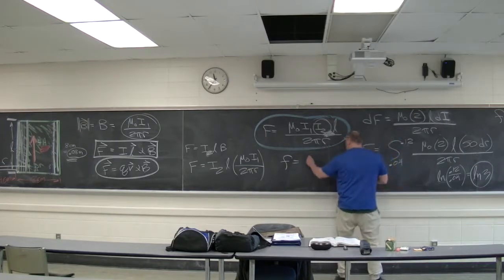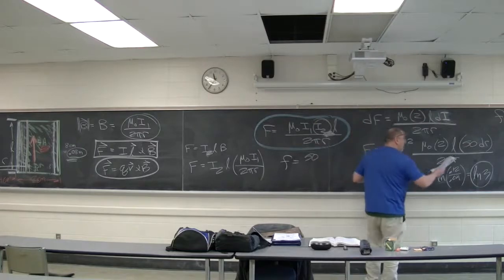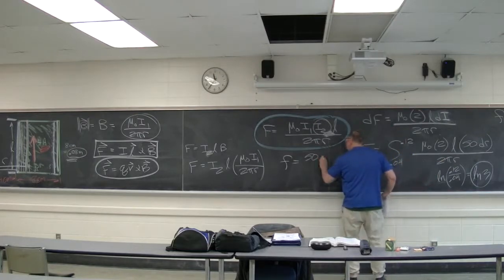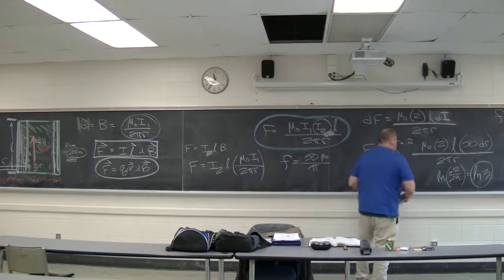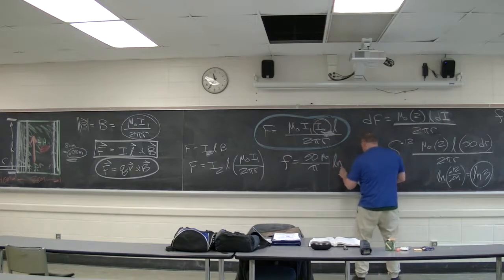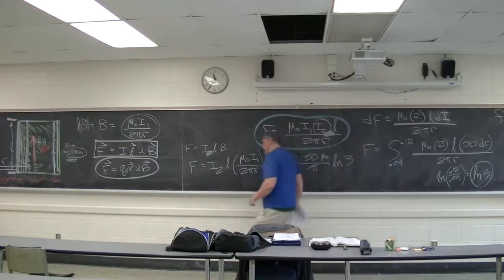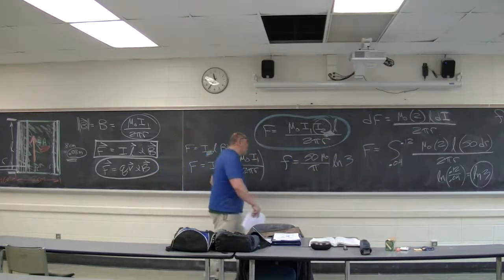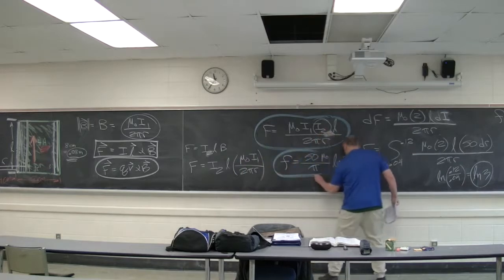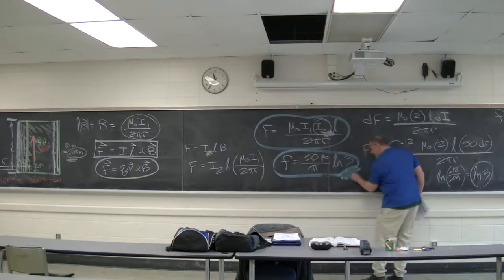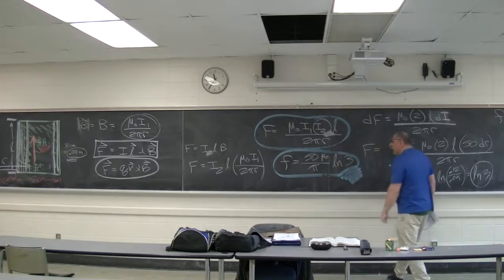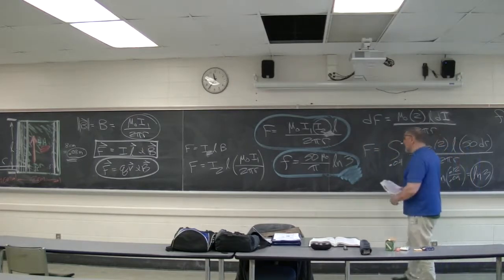You can write it like this: 50 mu 0 over pi, ln 3. Depending on how the question gets asked, but that looks pretty good aesthetically.